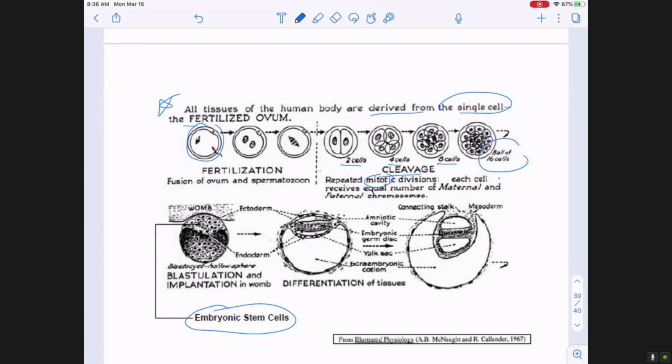Inside is the endoderm, which forms the epithelium of most internal surfaces and some glands. So all the tissues, surfaces, organs, and their structures originate from these three: ectoderm, mesoderm, and endoderm. That's where embryonic stem cells start.